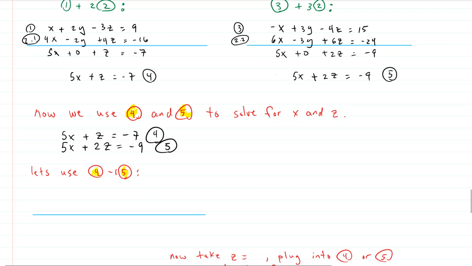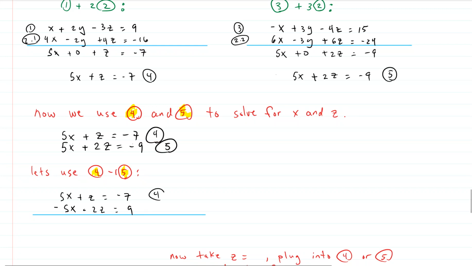So let's take equation 4, which is 5x plus z equals negative 7, and then negative equation 5, so that's negative 5x minus 2z equals positive 9.